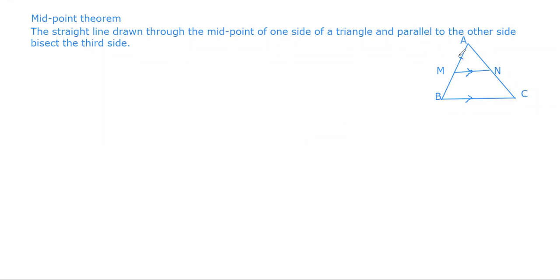Here AM and BM are given equal and this line is parallel to BC. We have to prove that N is the midpoint of AC, N bisects the line AC. It means AN and CN are equal.